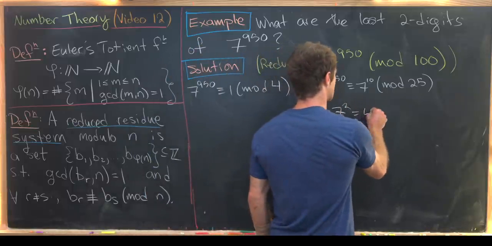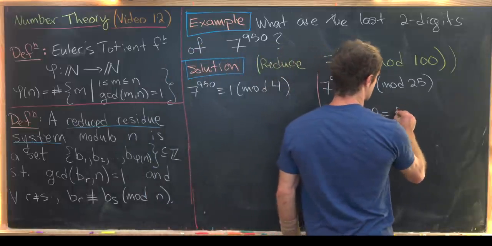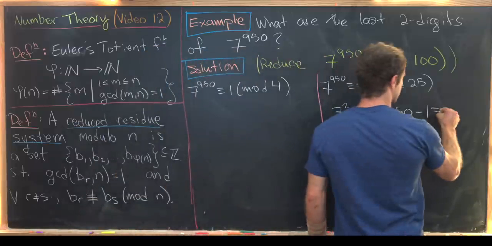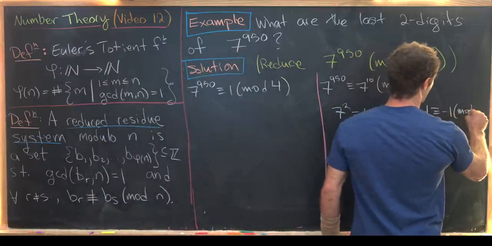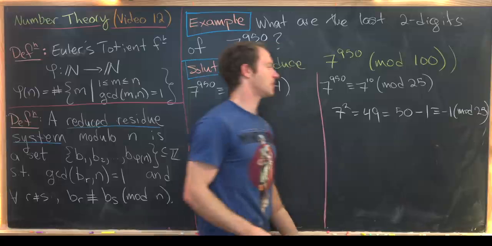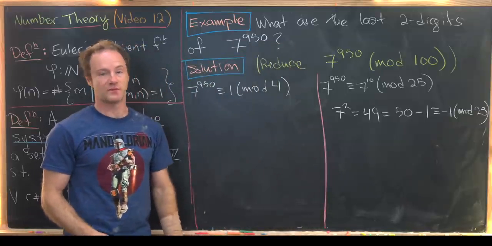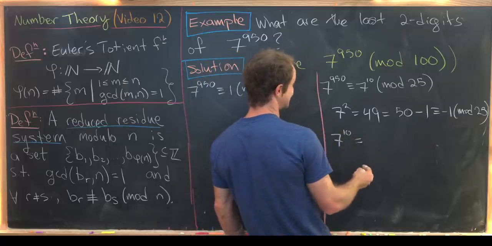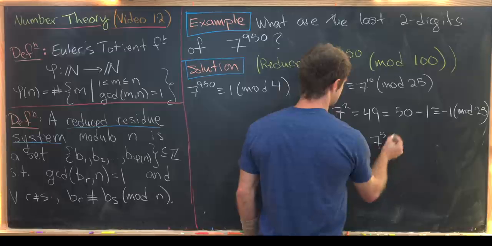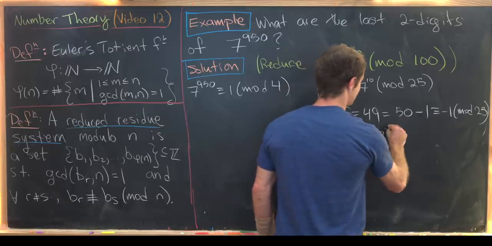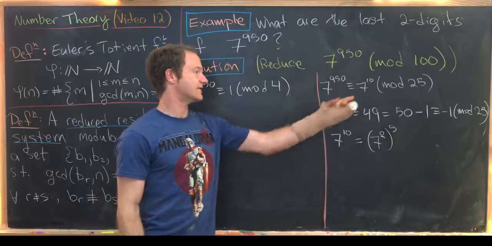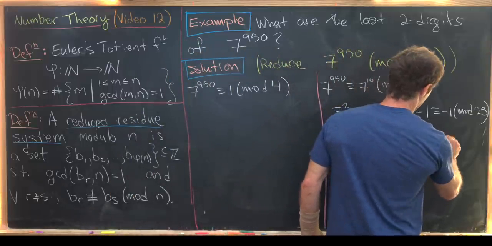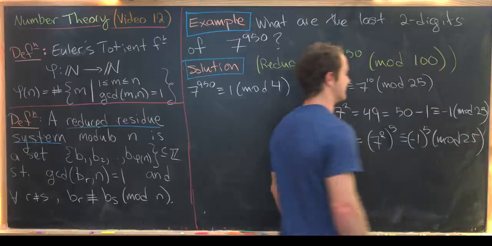7 squared is equal to 49, which is equal to 50 minus 1. So that means it's congruent to negative 1 mod 25. But that's actually extremely helpful because now we can see that 7 to the 10 is the same thing as 7 to the 2 to the 5th power, but 7 squared is negative 1, so this is negative 1 to the 5th power mod 25.